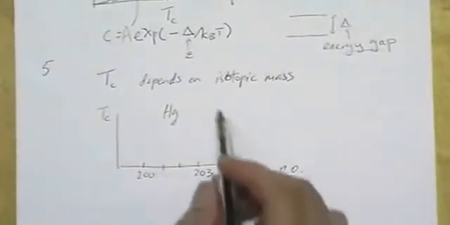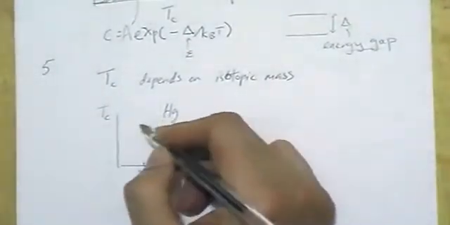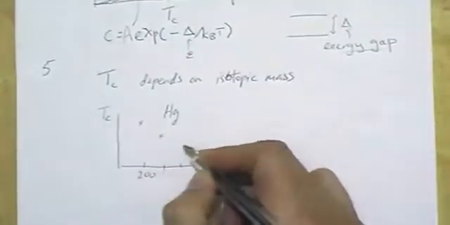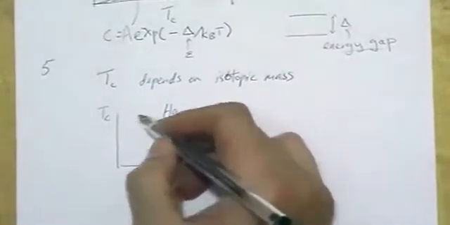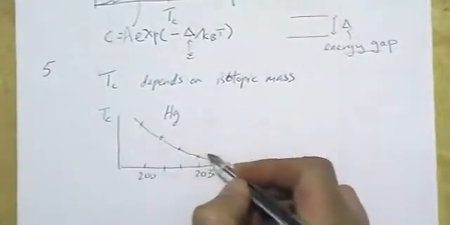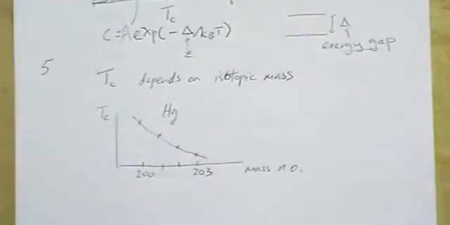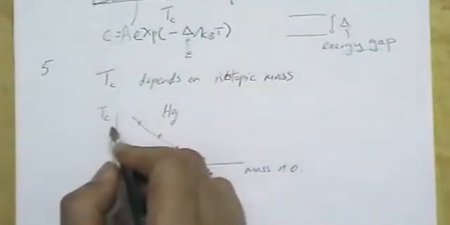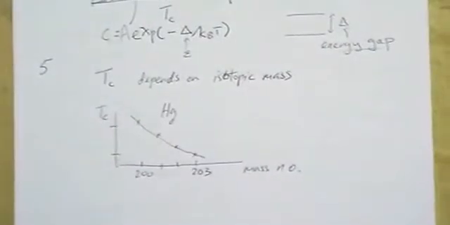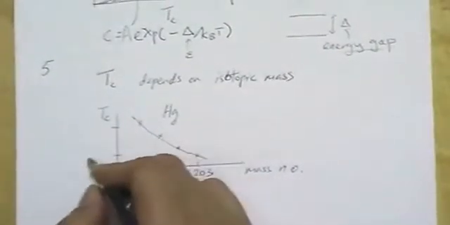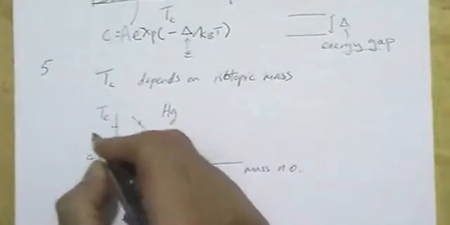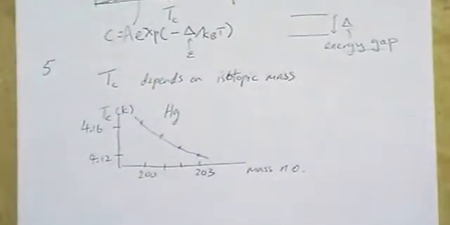The superconducting temperature has been measured, and it was found to decrease with increasing mass of the isotope. Okay, so the temperature sort of ranges between 4.12 and 4.16 Kelvin or so. So this was what has been found by experiments.